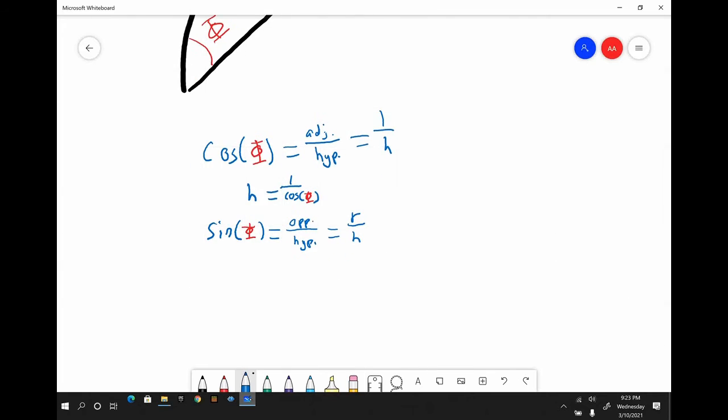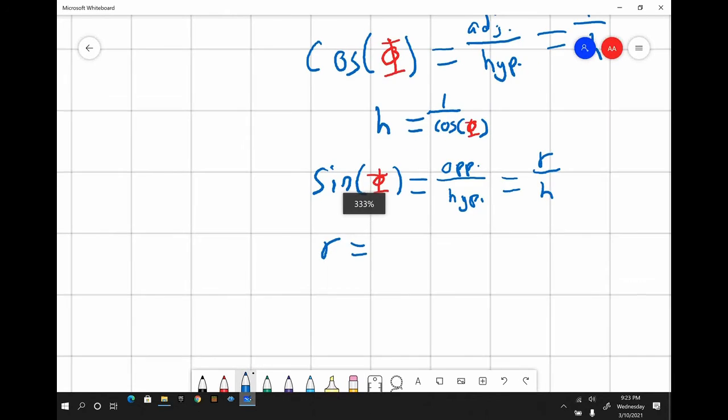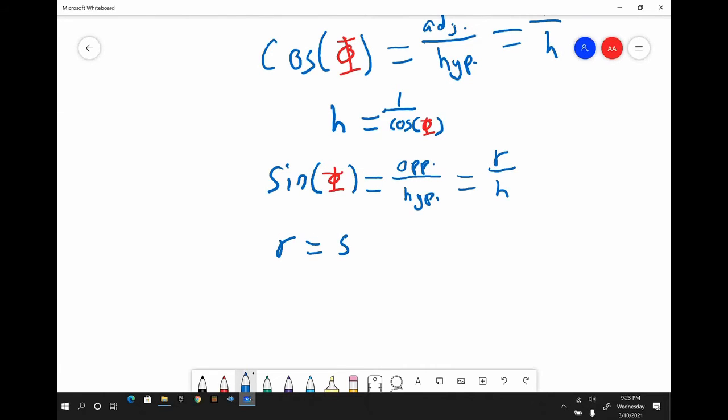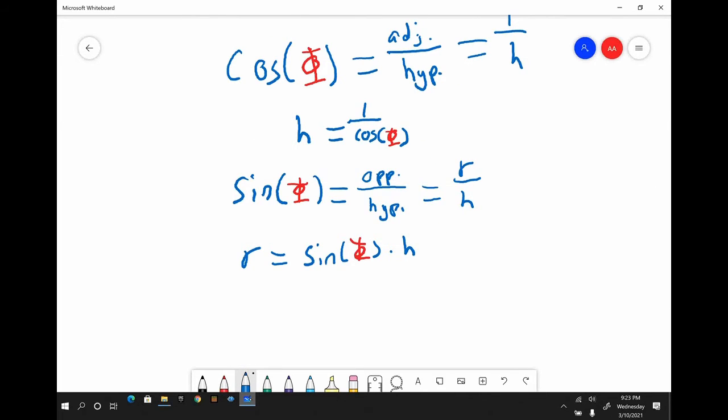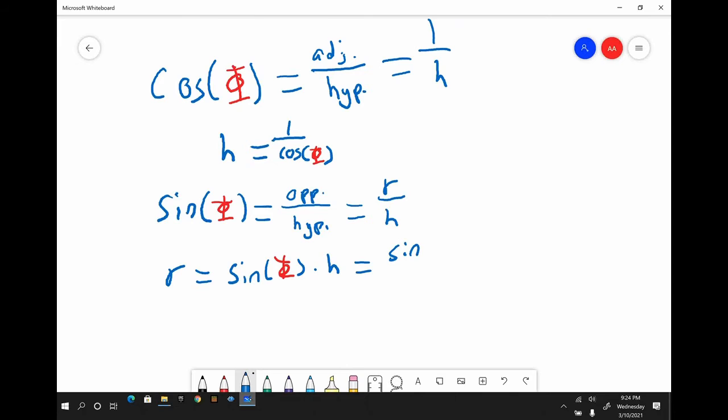And solving for r, we'll get that r is equal to the sine of phi times h. And we said that h was 1 over the cosine of phi. So r is equal to the sine of phi divided by the cosine of phi.